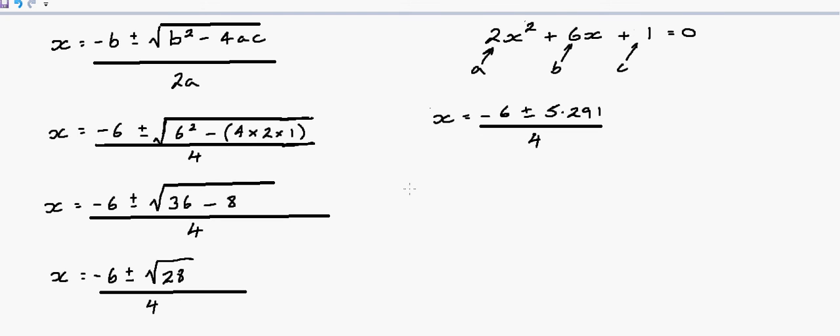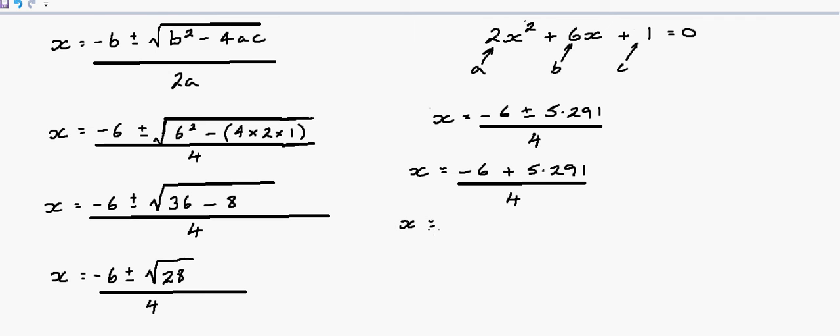So we're going to find our solutions. So x equals minus 6 plus 5.291 over 4. Again this is now where the calculator does all the work.